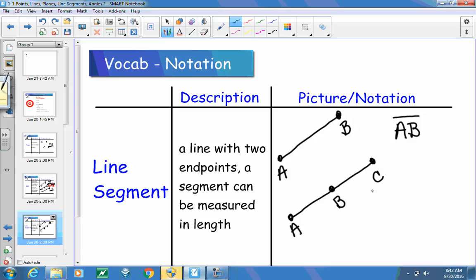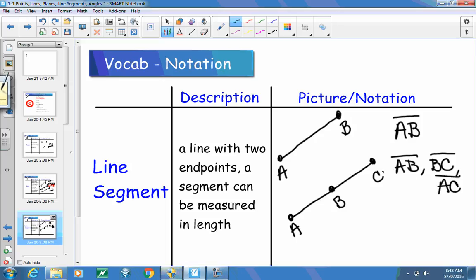If you have more than 2 points on your line, you're going to have to think about which segment you are referring to. I actually have 3 different segments I could refer to. I have segment AB, we have segment BC, and we also have segment AC.